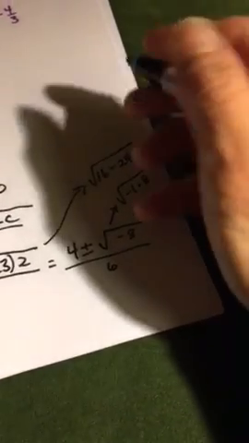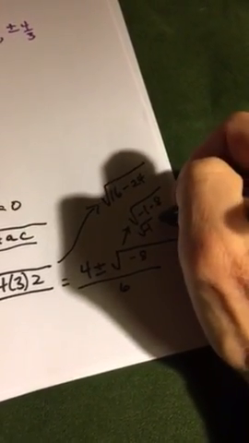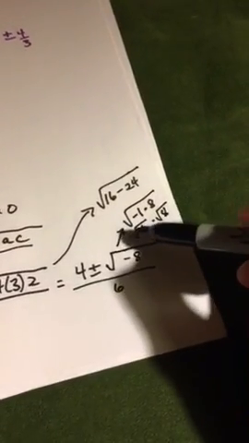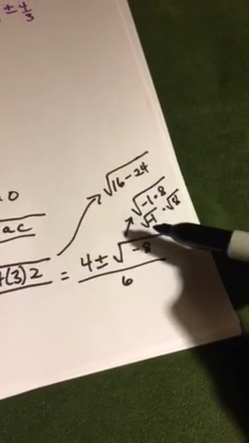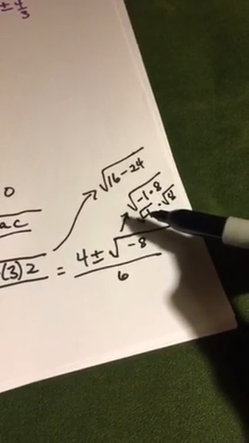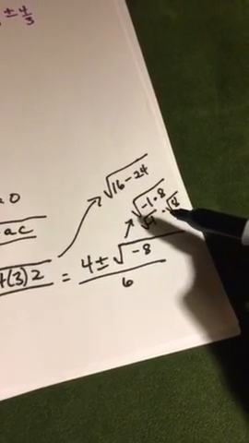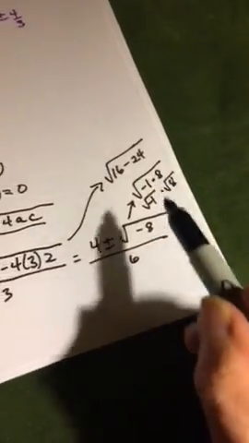All I'm doing is breaking it up, which is the same thing as the square root of negative 1 times the square root of 8. All right, well, we know that the square root of negative 1 comes out to be i. And the square root of 8 comes out to be, and I'm going to go ahead and bring this down here.